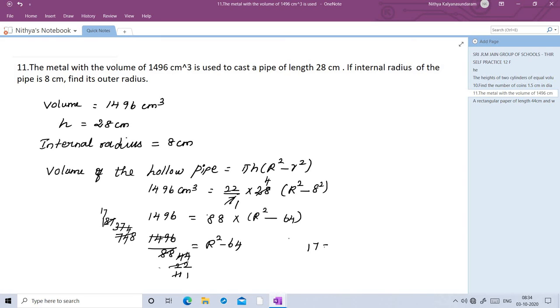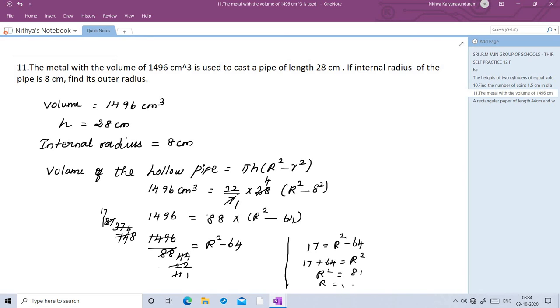So 17 is equal to R square minus 64. Minus 64 if you bring that to this side becomes plus 64. 17 plus 64 is equal to R square. So R square is equal to 7 plus 4 is 11, 1 is balance, 6, 7, 81.